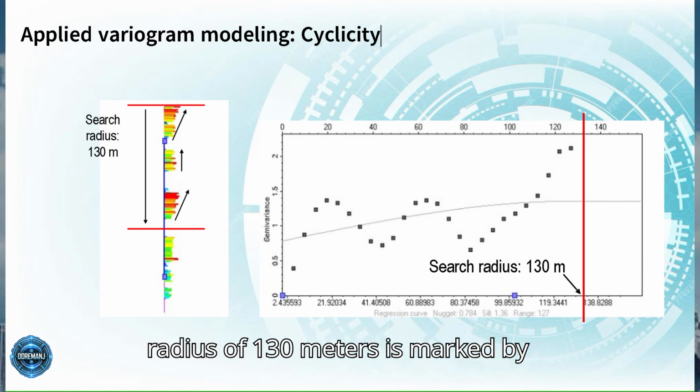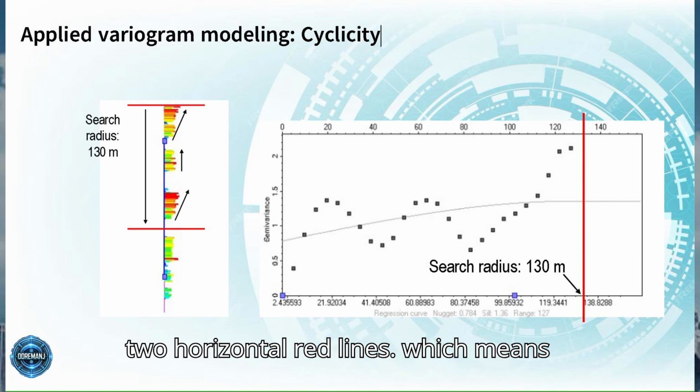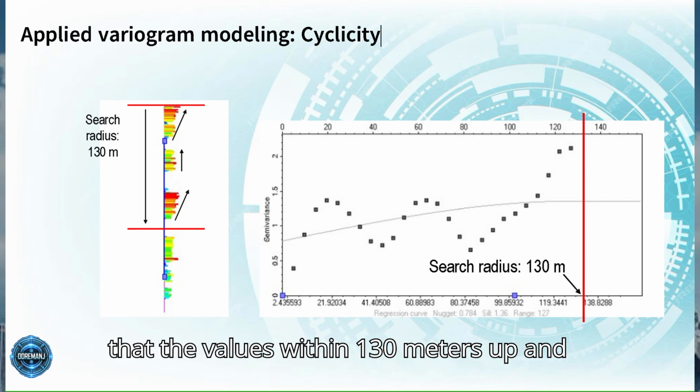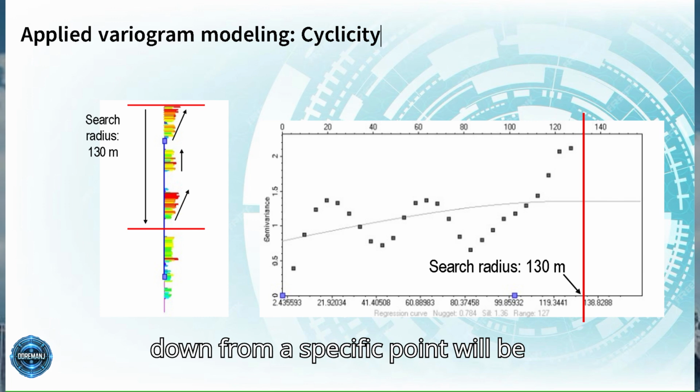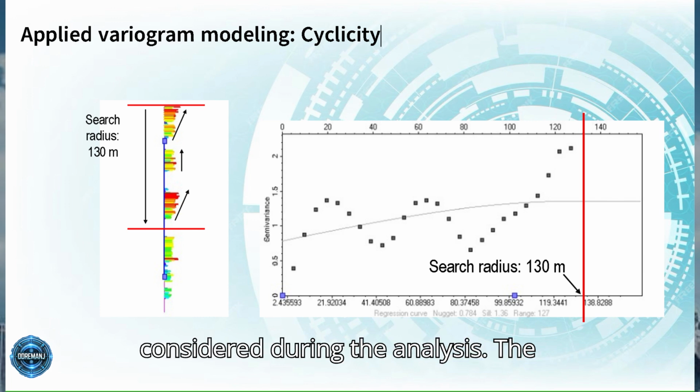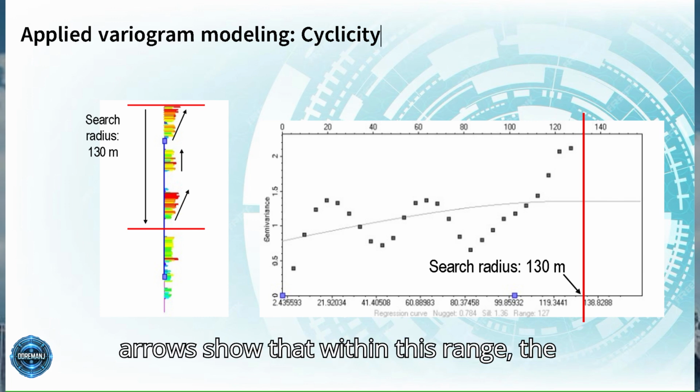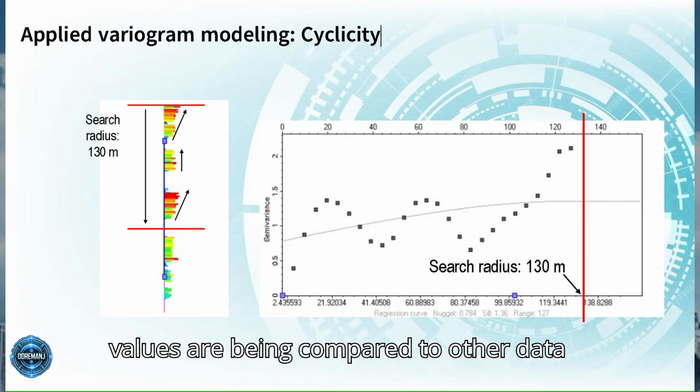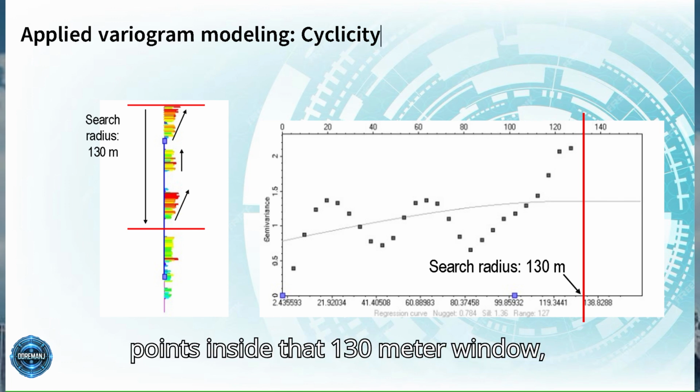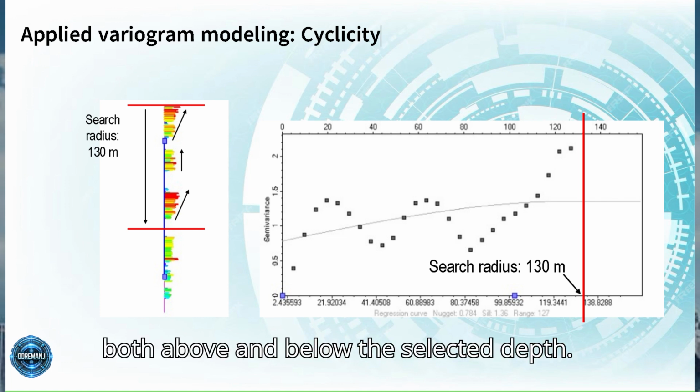The search radius of 130 meters is marked by 2 horizontal red lines, which means that the values within 130 meters up and down from a specific point will be considered during the analysis. The arrows show that within this range, the values are being compared to other data points inside that 130-meter window, both above and below the selected depth.